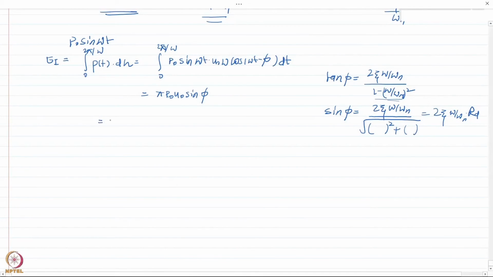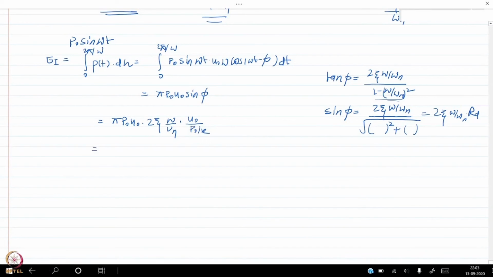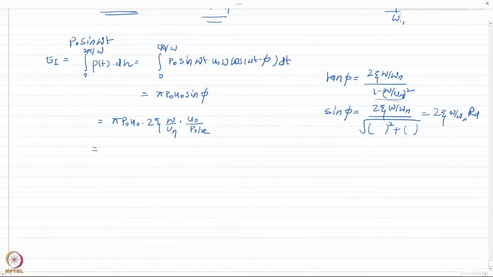If I substitute it here, I will get pi p naught u naught times 2 zeta omega by omega n. RD is nothing but u naught, the dynamic amplitude, divided by UST naught, which is P naught by K, right? So I can cancel P naught, and I would get this as 2 pi zeta omega by omega n times K u naught square.